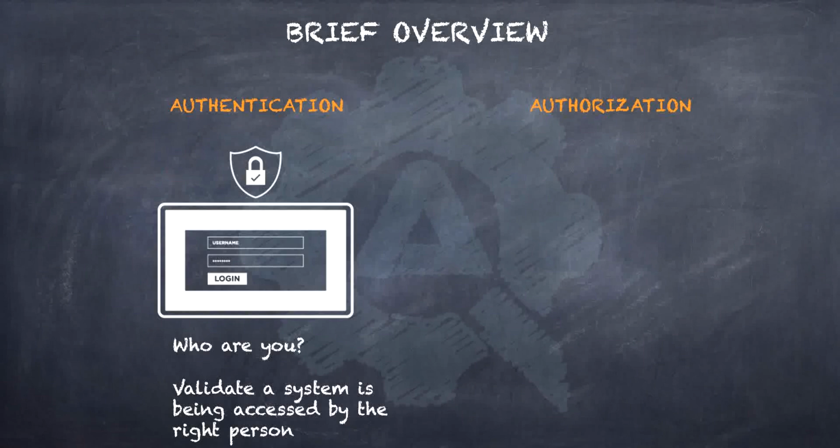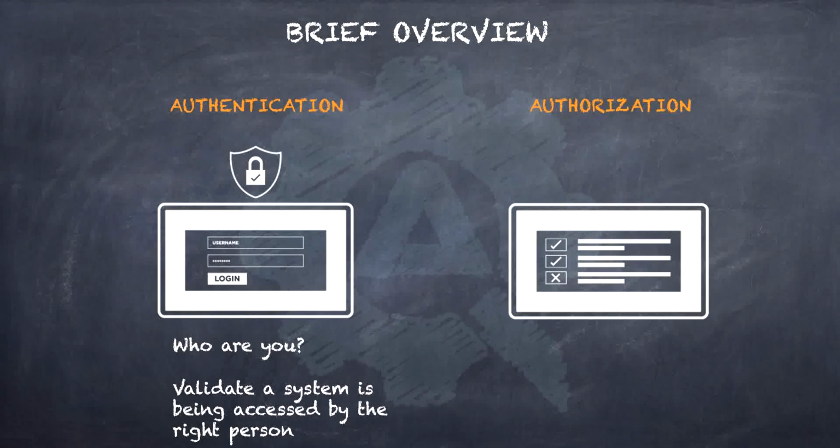Speaking about authorization, authorization is the process to determine whether the authenticated user has access to particular resources. It verifies your rights to grant you access to resources such as information, databases, files, etc. Authorization usually comes after authentication.